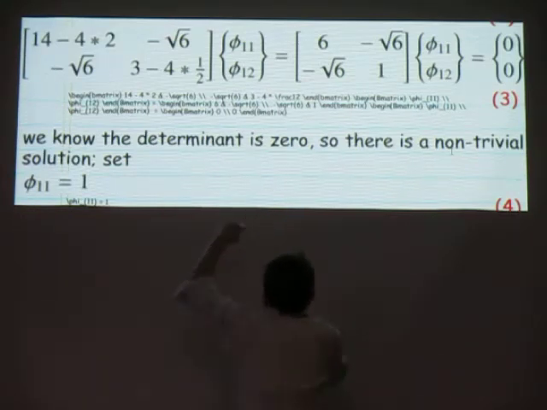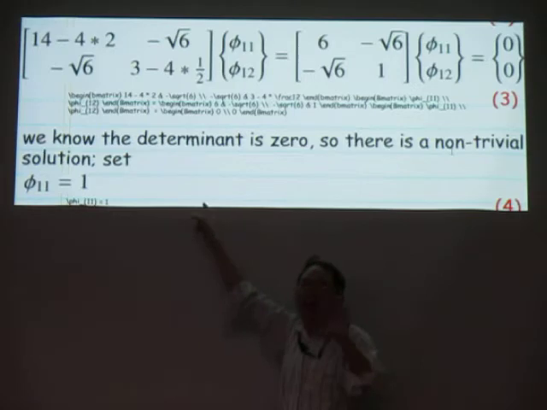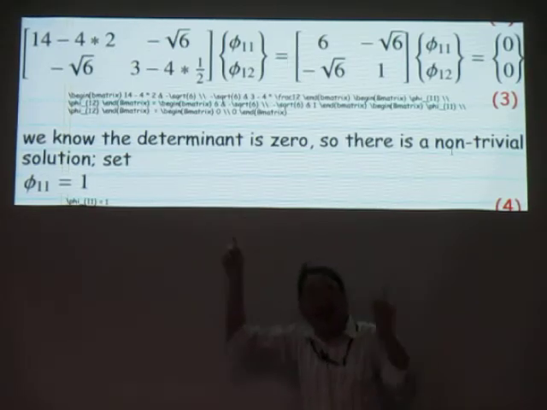The first is phi11, then you can solve for phi12. But like I said, you can set one of these two coefficients to any number and solve for the other.